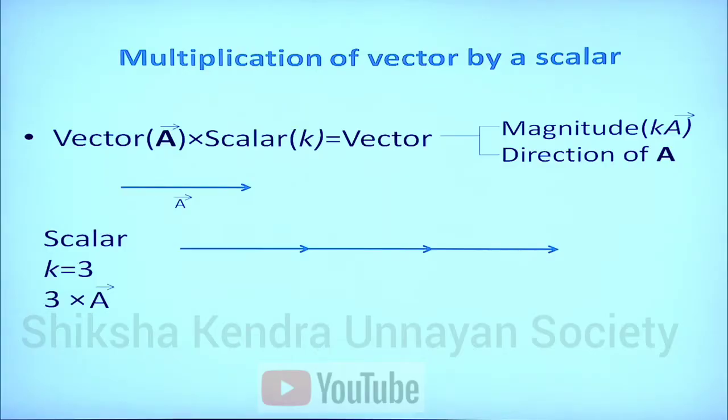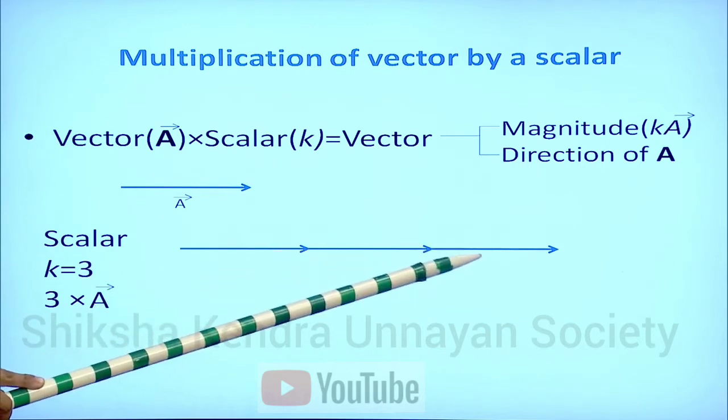When we multiply a vector A by a scalar, suppose k, vector A into scalar k equals another vector whose magnitude will be equal to k times the magnitude of A, and its direction will be along A. So, here you can see vector A. If we are taking a scalar k equal to 3, then the product will be 3 into A. Now you can see on the screen the resultant vector, that is 3A, will be 3 times the magnitude of A. This is your A vector and this is your 3A vector.